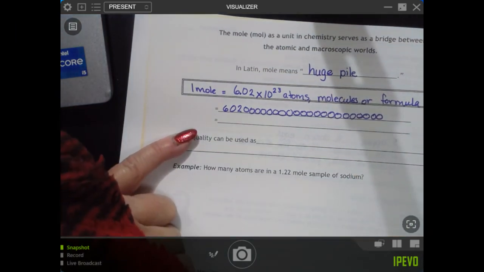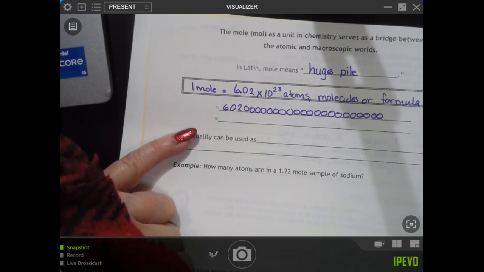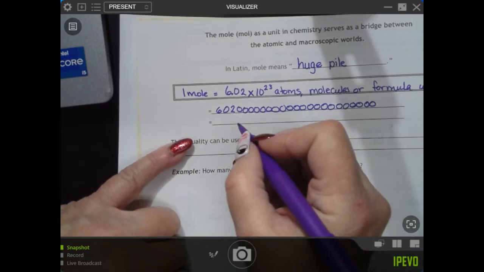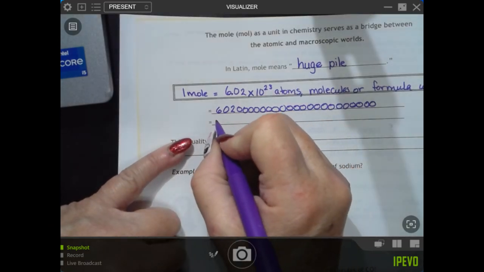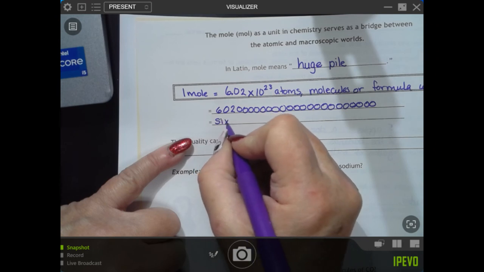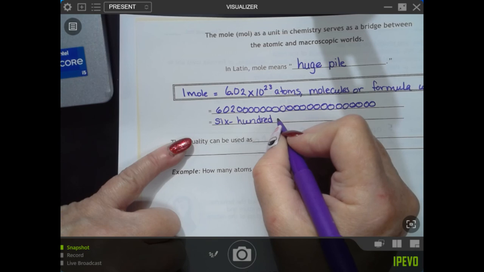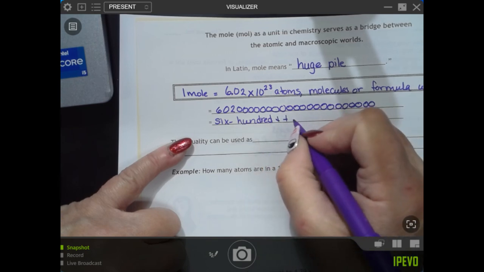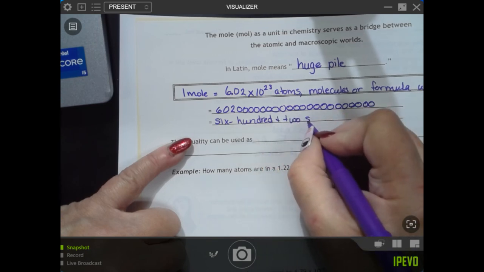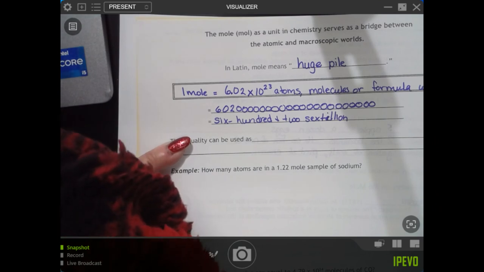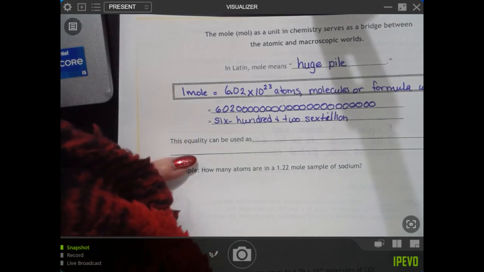It would be that many atoms or that many molecules. And if you want to know what that is, it's 602 sextillion. S-E-X-T, sextillion. It's a whole bunch of atoms. It's a whole bunch of particles.